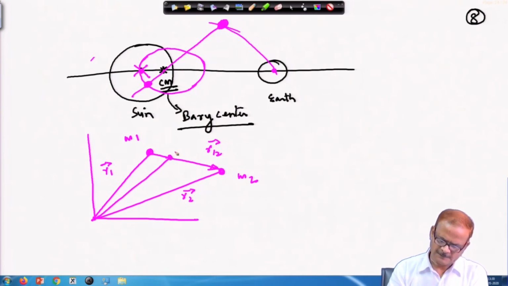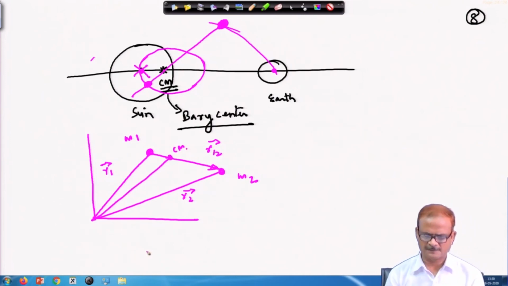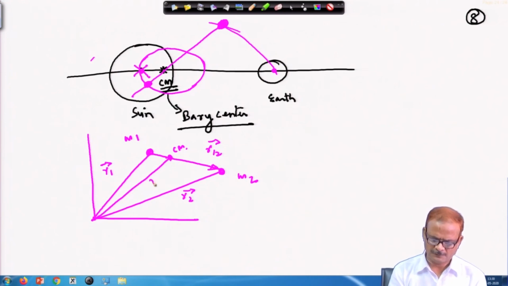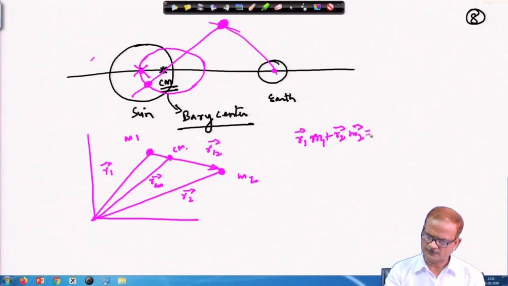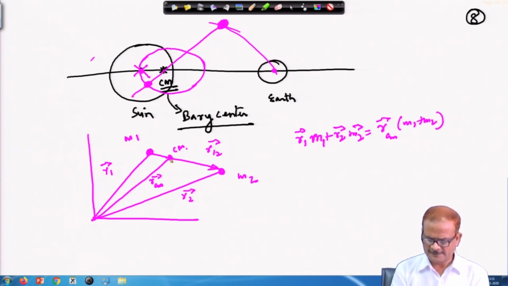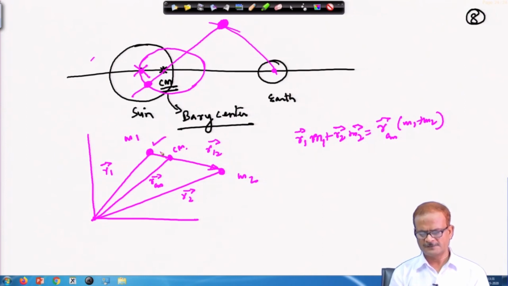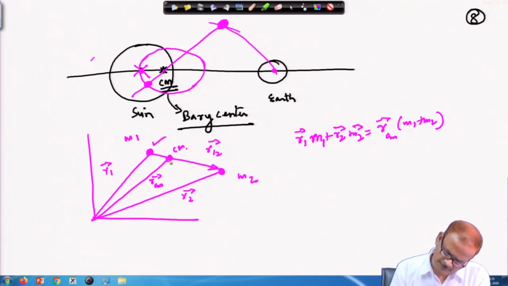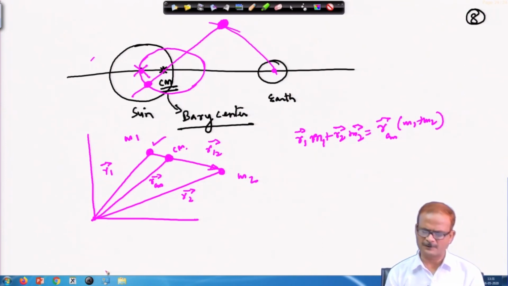This is your center of mass, and this location is RCM, given by R1 times M1 plus R2 times M2, divided by M1 plus M2. So rather than describing the motion with respect to M1, I can also describe the motion with respect to the center of mass.